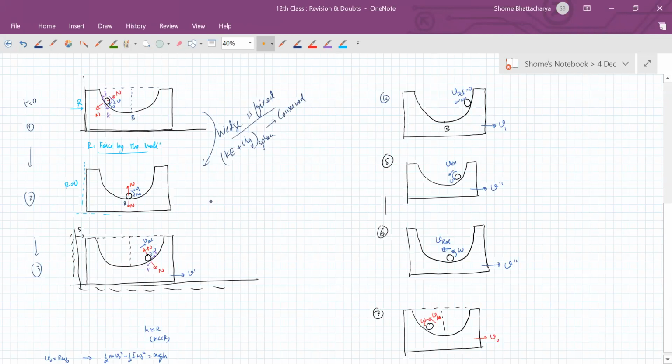Then from 2 onwards, what is happening? Now the impulse from the wall is 0, as it lost contact. So for the wedge plus sphere as a system, horizontal momentum is conserved.